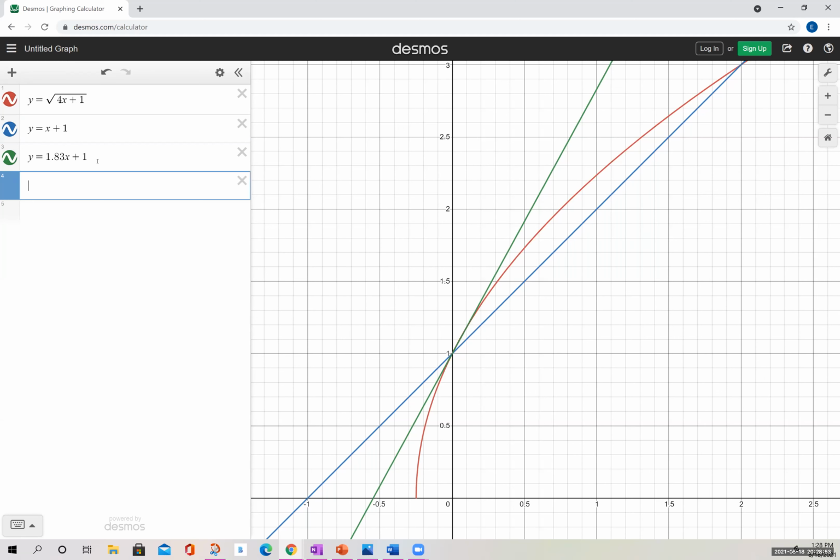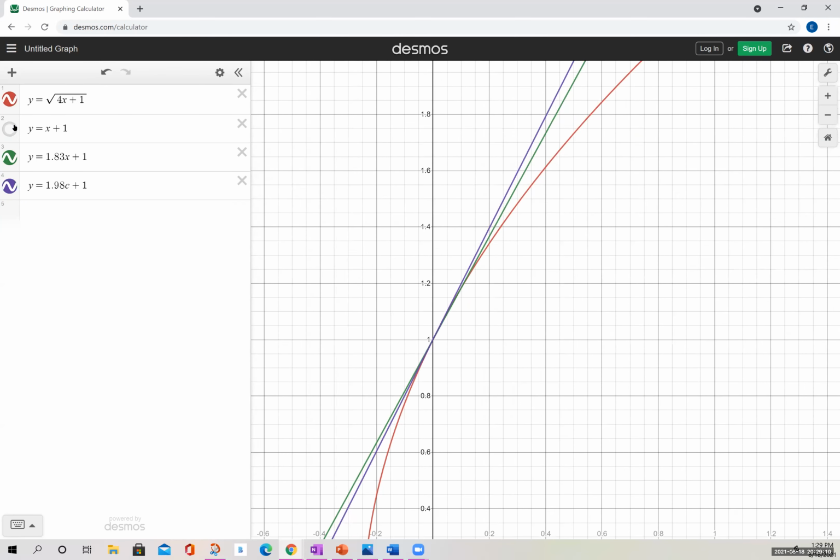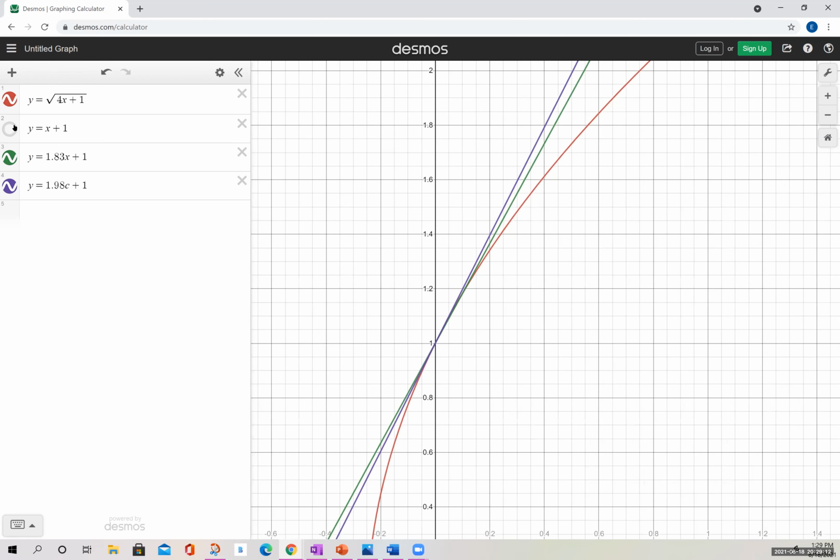But we could get an even better estimate if we had chosen a point closer. So y equals 1.98x plus 1. I can turn some of this off now. Let's turn this one off. They look very similar, but one is getting more accurate.